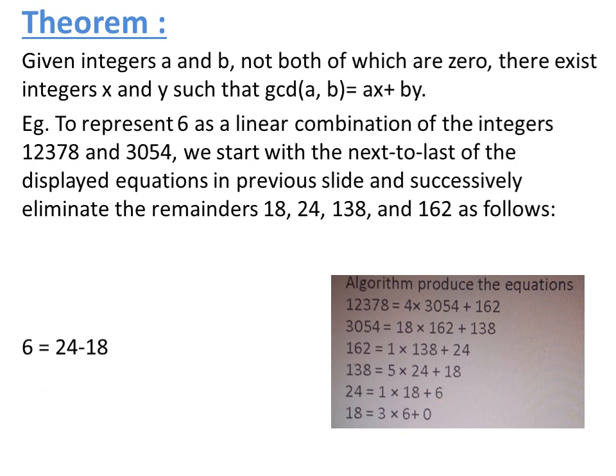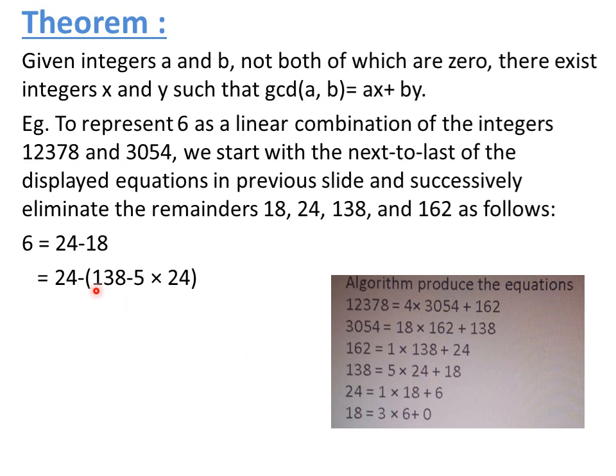Okay, so from this we can write 6 as 24 minus 18, because here we can shift this 18 to LHS and we can write this, right? Now secondly, we will eliminate this 18 by using this equation. So here we can see that 18 can be written as 138 minus 5 into 24, that is this, right?